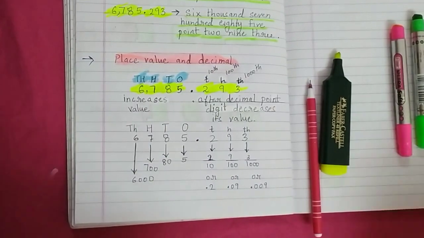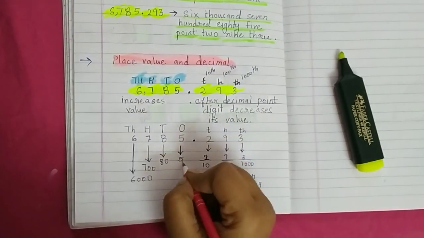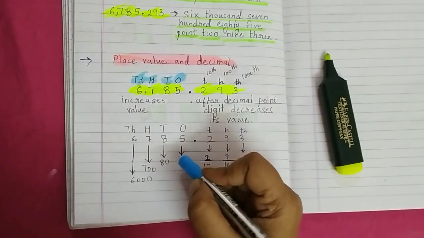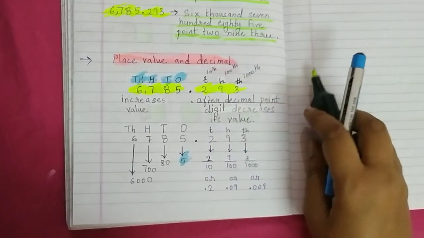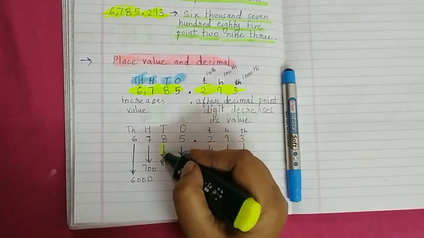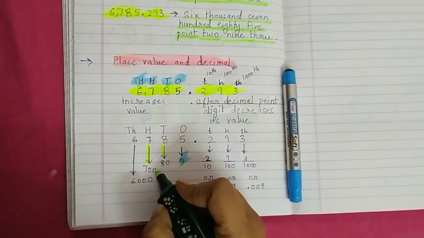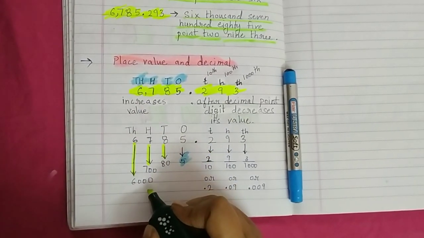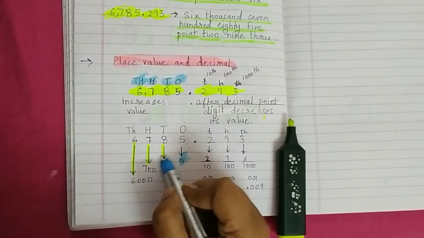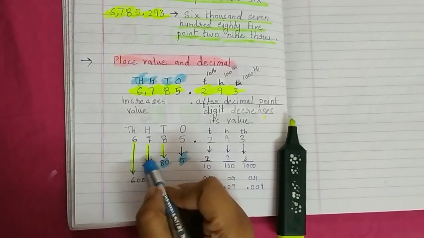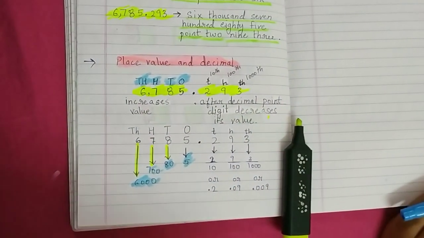You can see here, children: 5 at ones place is 5, 8 at tens place is 80, 7 at hundreds place is 700, and 6 at thousands place is 6000. So this part is clear to you all.